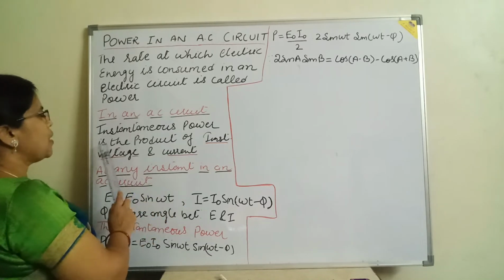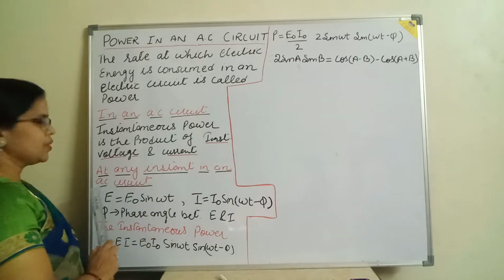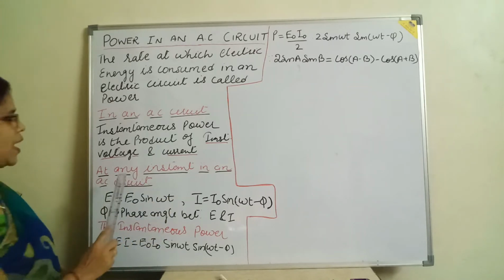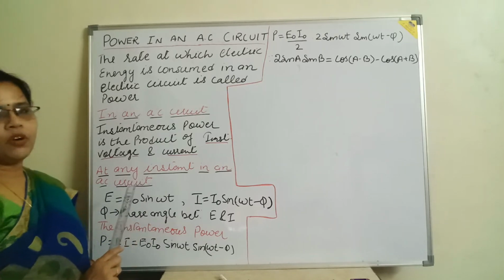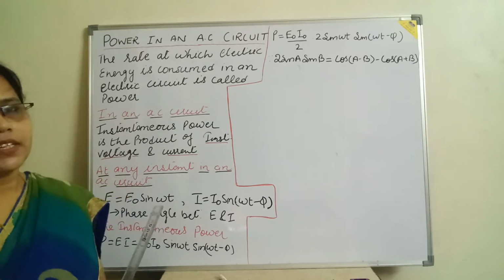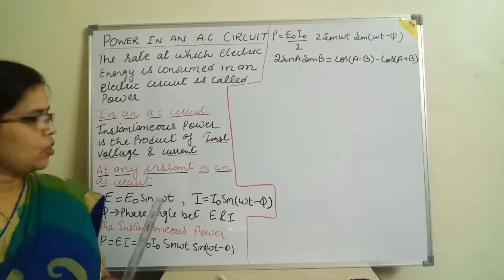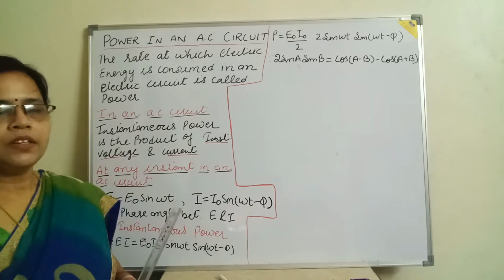Instantaneous power is the product of the instantaneous voltage and the current. At any instant in an AC circuit we calculate the value of the power, and that is called the instantaneous power, because we all know the value of current and voltage continuously changes with time.